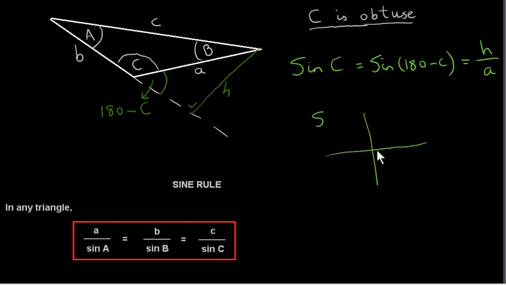If you go through all the unit circle theory, you know that if we have an obtuse angle, say this angle here is A, then the sine of A is equal to the sine of this angle in here, which is 180 degrees minus A. This quadrant is called the S quadrant, which means that the sine of an angle between 90 and 180 degrees is positive.